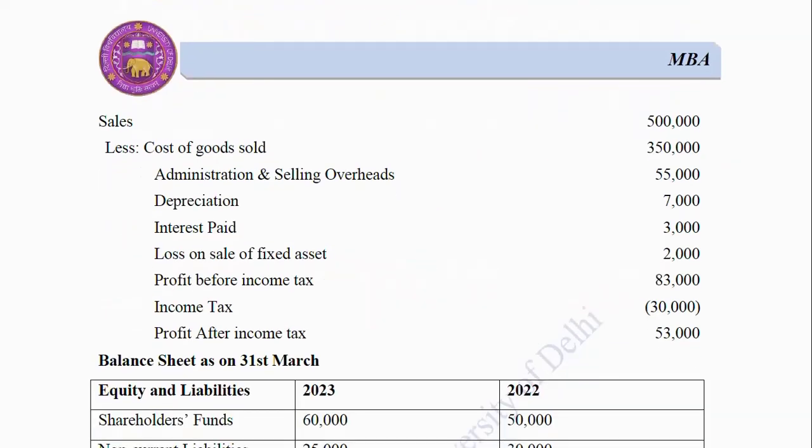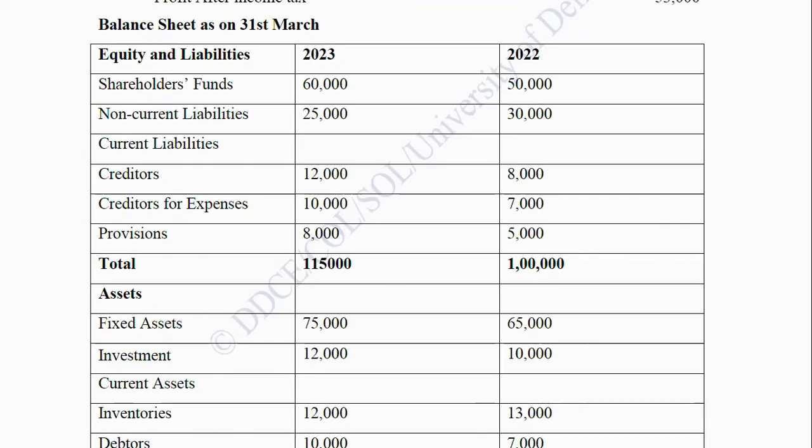Sales 5 lakh, less cost of goods sold 3 lakh 50,000, administration and selling overheads 55,000, depreciation 7,000, interest paid 3,000, loss on sale of fixed asset 2,000, profit before income tax 83,000, income tax 30,000, profit after income tax 53,000.